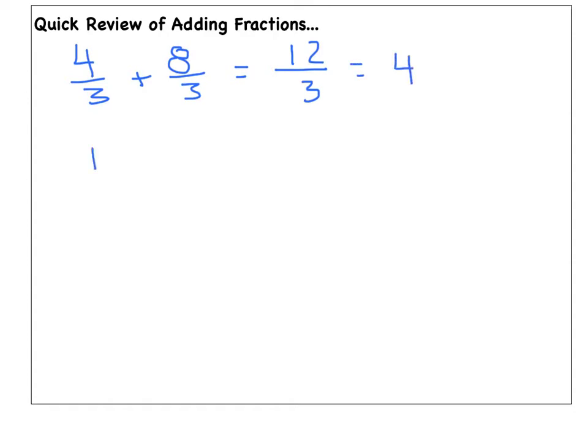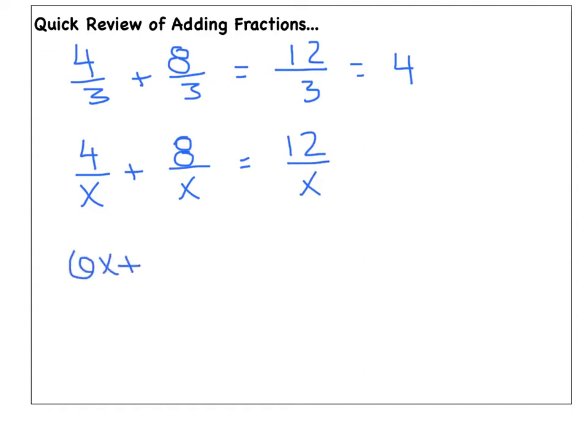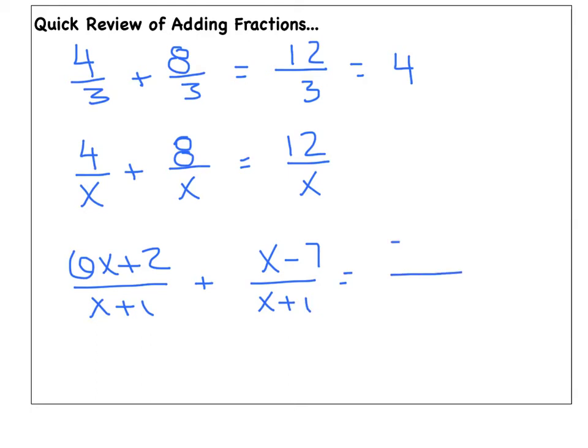Or we could say, what's 4 over x plus 8 over x? Again, common denominators, so we combined the numerators but kept the denominator the same as it was. Or what's 6x plus 2 all over x plus 1 plus x minus 7 all over x plus 1? Again, common denominators, so we're going to combine the like terms within the numerators and end up with 7x minus 5 all over that common denominator of x plus 1.